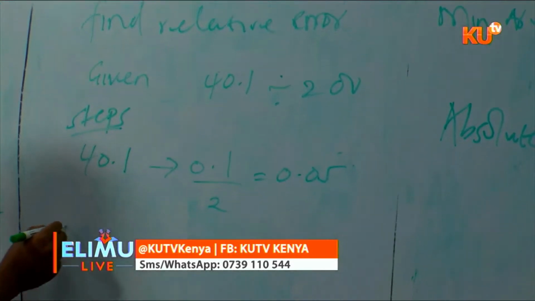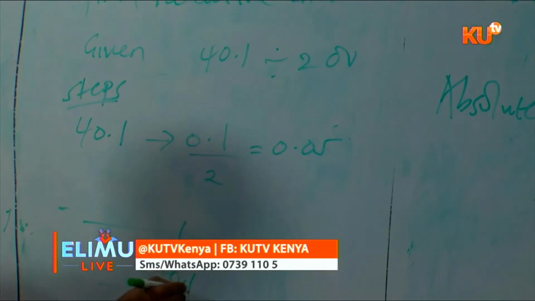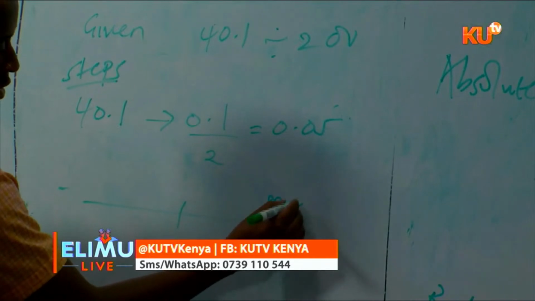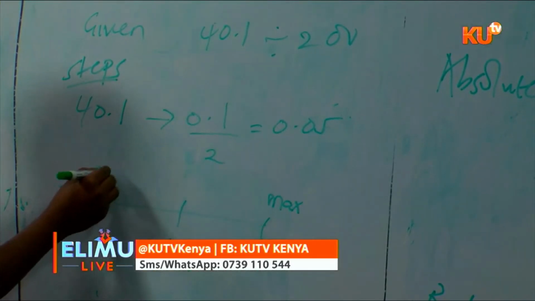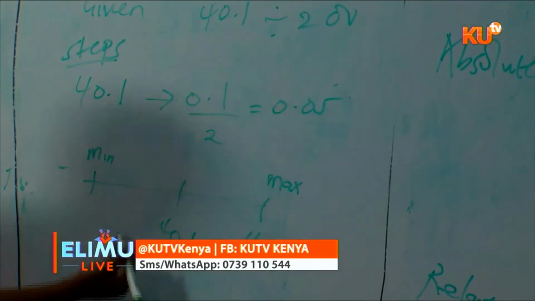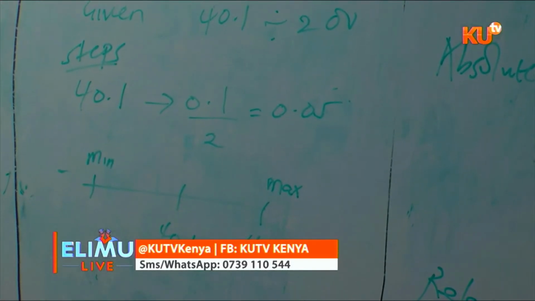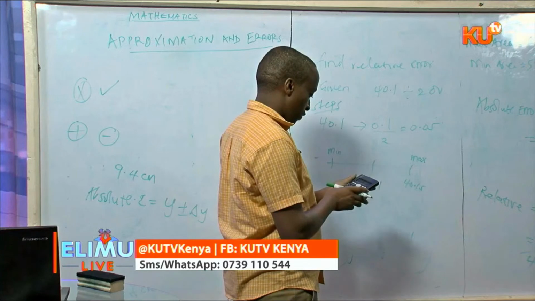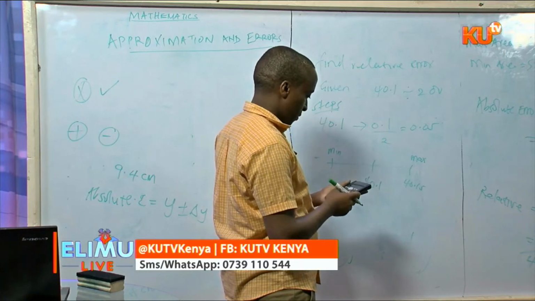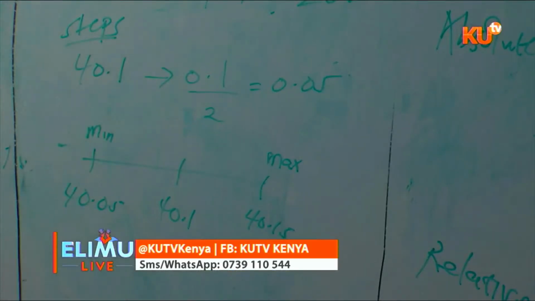For the other one, the maximum and minimum limit, this one will be 40.15, and this one will be 40.1 minus 0.05, you get 40.05.